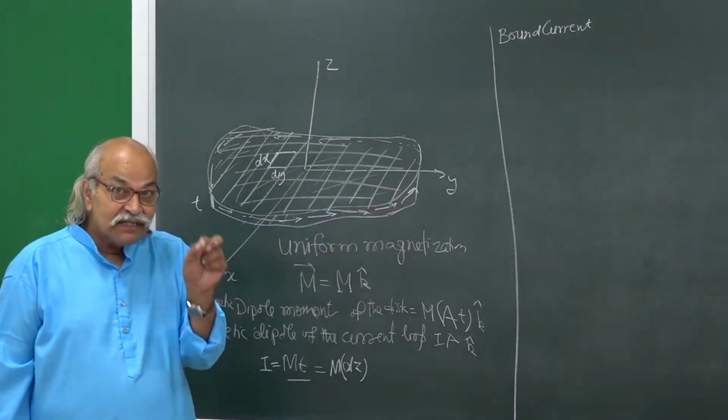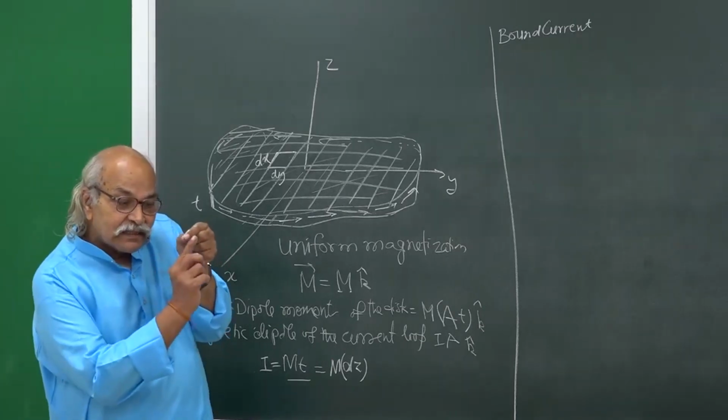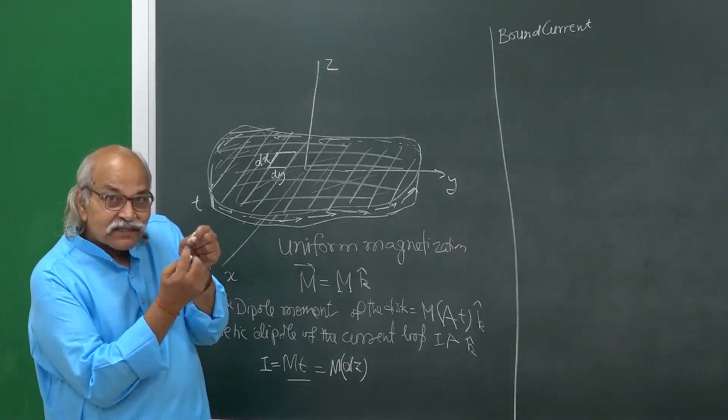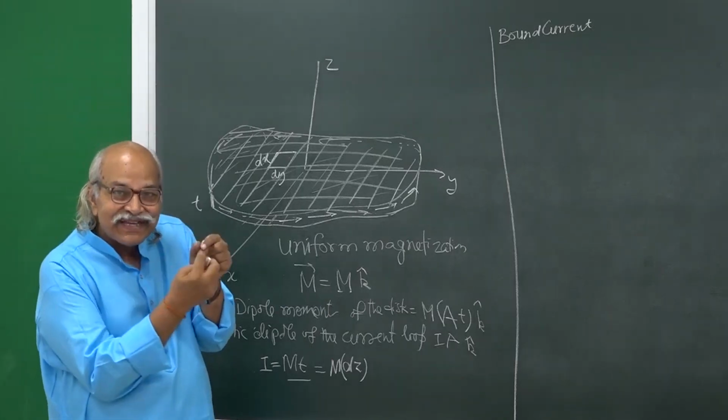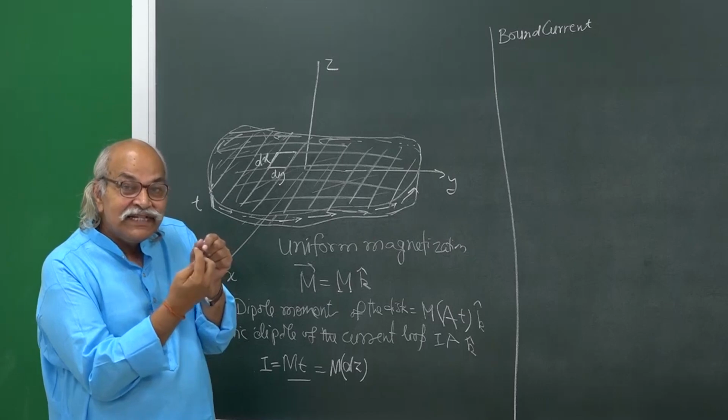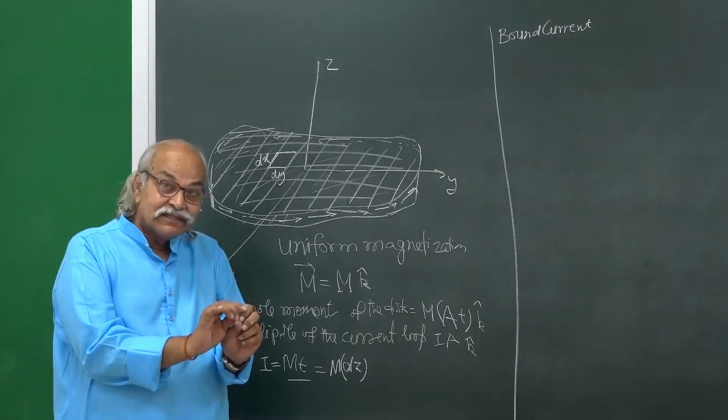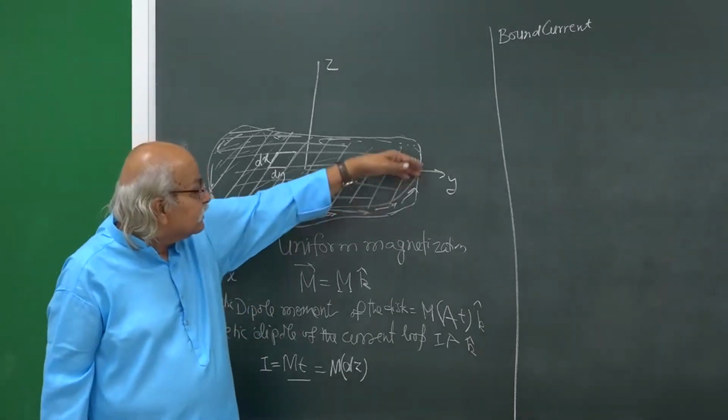In any particular chunk, you can see that the electron is only moving close to that nucleus. Okay. So, every electron is bound to the material, but still you can see that ultimately I have a current here.